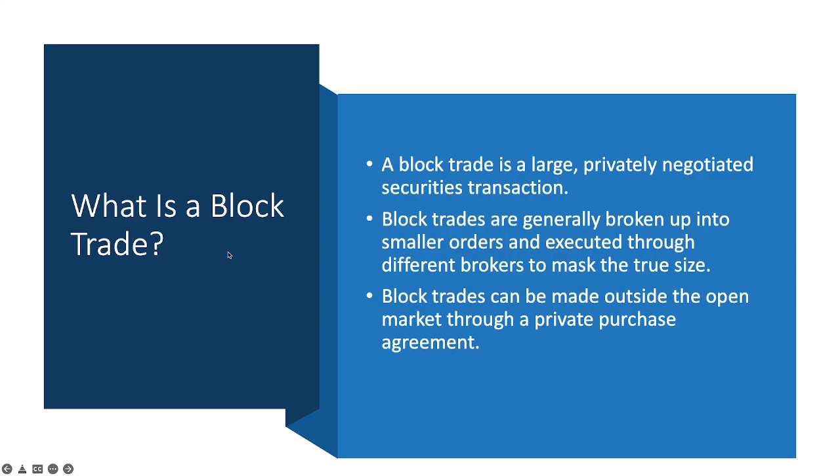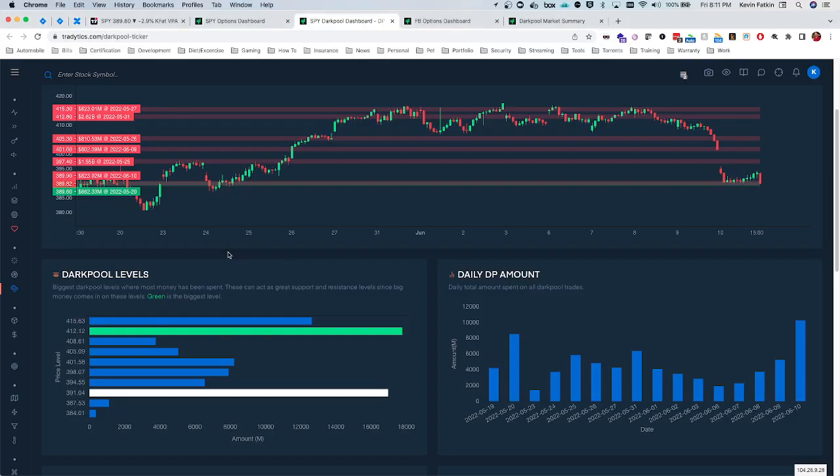Now, you can read here, it's a large privately negotiated securities transaction that is broken up into smaller orders and executed through different brokers to match the true size. These block trades can also be done outside of normal open exchanges through private purchase agreements, just like a dark pool transaction, which is why they are shown in this dark pool dashboard.